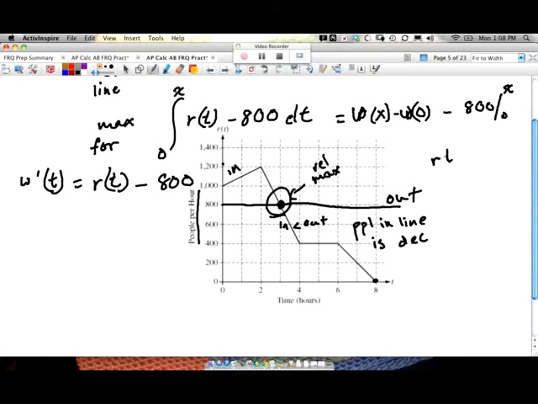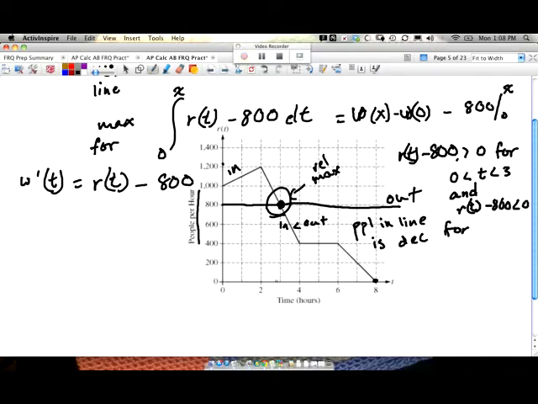Okay, well, R of t minus 800 is greater than 0 for 0 less than t less than 3, and R of t minus 800 is less than 0 for the other interval from 3 to 8, then the total is a max at t equals 3.